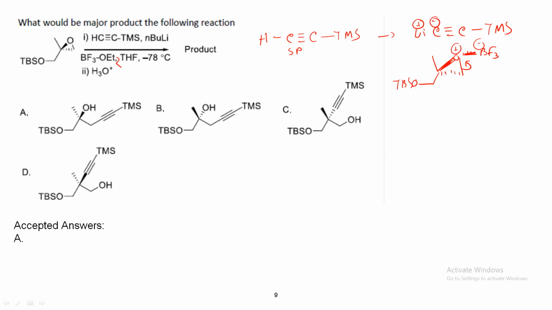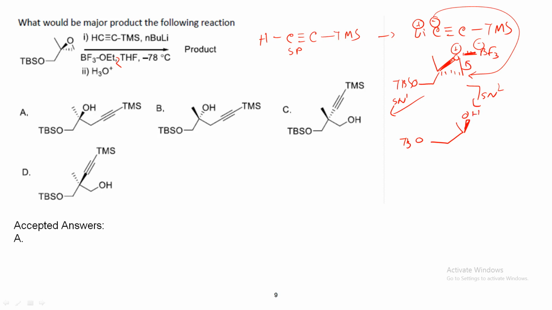If this opens up, it would be an SN1 reaction. For that case, you would need a very weak nucleophile, and only then can you think of SN1. But here you can see a very strong nucleophile is present, so just do the SN2. If we do the SN2, you would generate this kind of species, O and BF3, and it can be quenched during the aqueous workup.